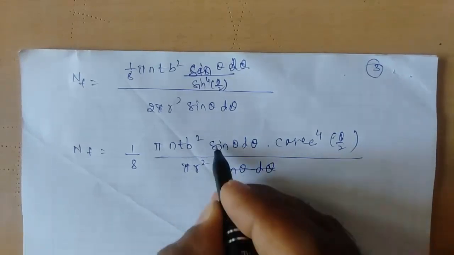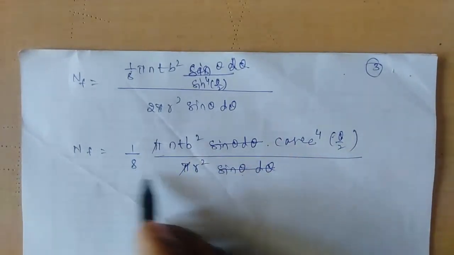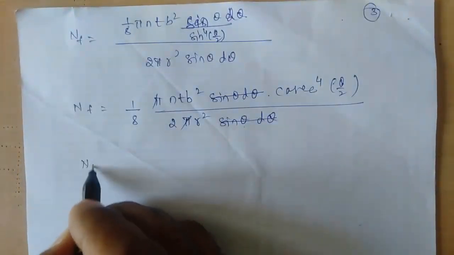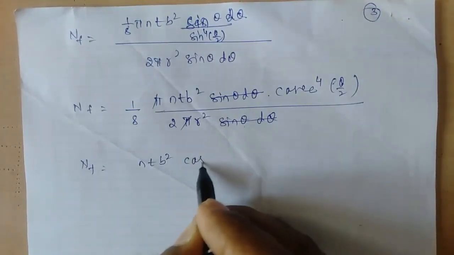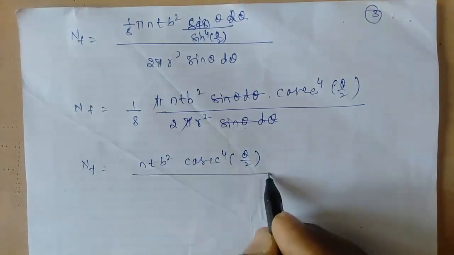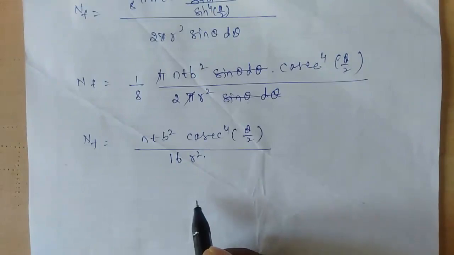Here sine theta, d theta gets cancelled. So pi gets cancelled, and 8 into 2 is 16. So nf is equal to n t b square cosecant to the power of 4 theta by 2 divided by 16 r square.